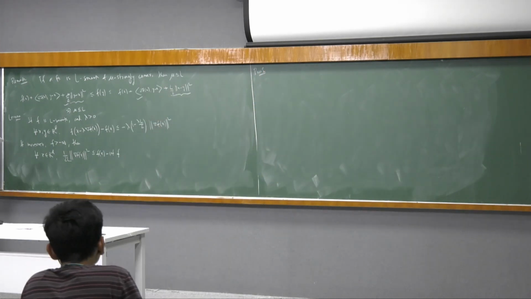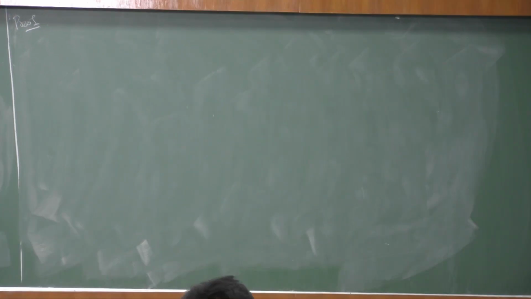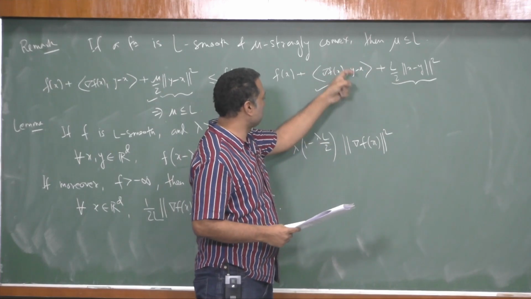So the first inequality seems to be of the form, what, smoothness can lead to this, right? It seems to be like f(y) minus f(x) is less than or equal to, now this we have to resolve.